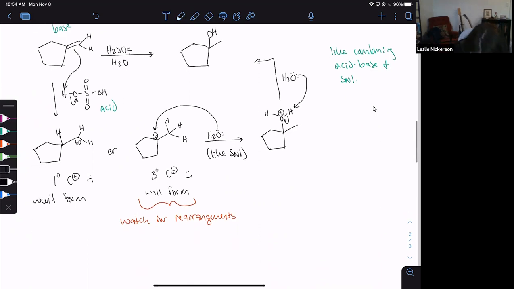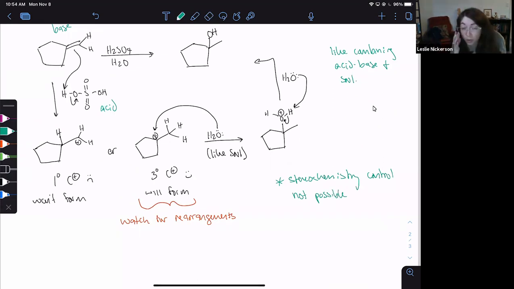Okay, the other thing is that the stereochemistry is not really possible with carbocations. So all the same stereochemistry rules for any carbocation type reaction are going to be the exact same for this.